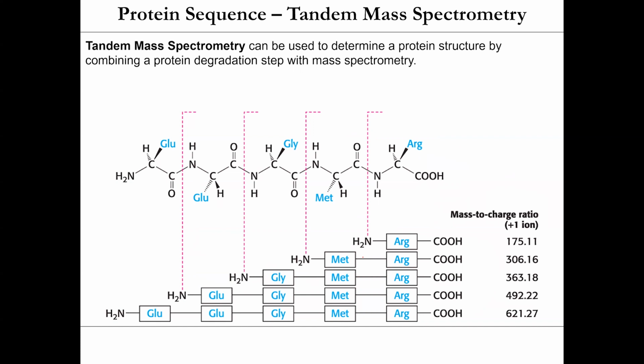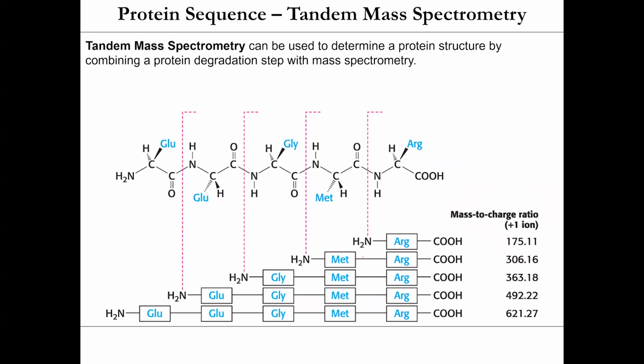And so I mentioned it a little bit before, but mass spectrometry can also be used with a protease degradation or some sort of degradation step to determine a protein sequence. So you combine a protein degradation step with mass spectrometry.